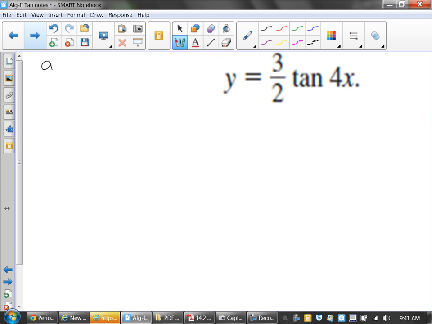My a value is 3/2. My b value is 4, which means my period is going to be what? Pi over 4. Good. So the period is going to end up being pi over 4. That means my asymptotes are going to be pi over 4 apart from one another. That's how long it takes to go between them.